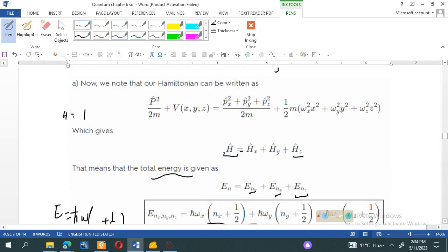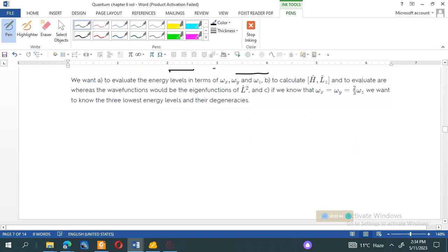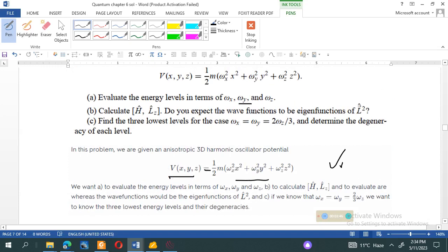In the second part, we have to calculate the commutation of H and Lz. Do you expect the wave function to be an eigenfunction of L squared? Meaning, if Lz and L squared have the same eigenfunction, then definitely H will have the same eigenfunction. So H and Lz, the commutation of Lz.